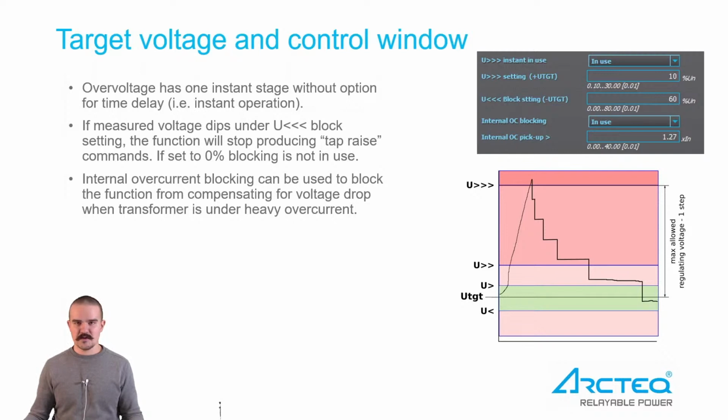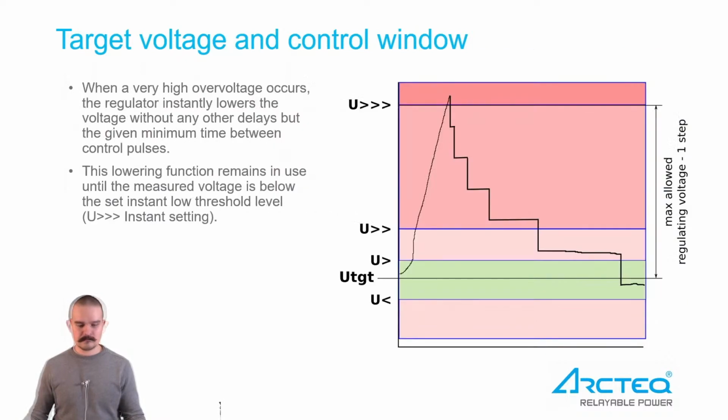If you set this to 0%, blocking is no longer in use. And there's also internal overcurrent blocking that you can also enable, which can be used for blocking the function from compensating for voltage drops when a transformer is under heavy overcurrent.